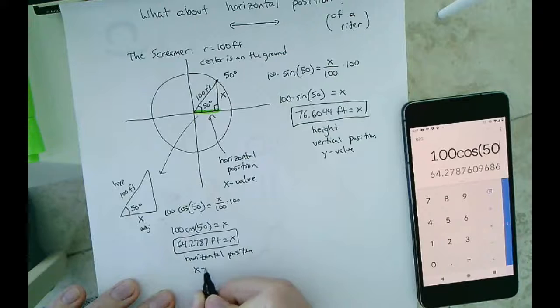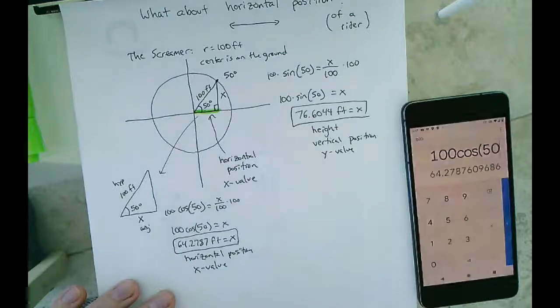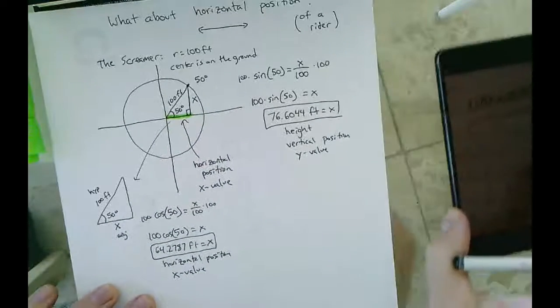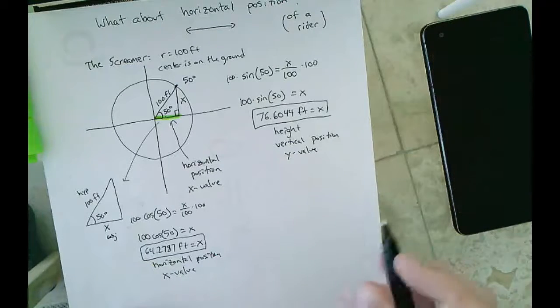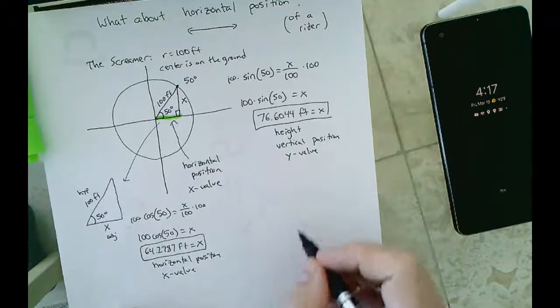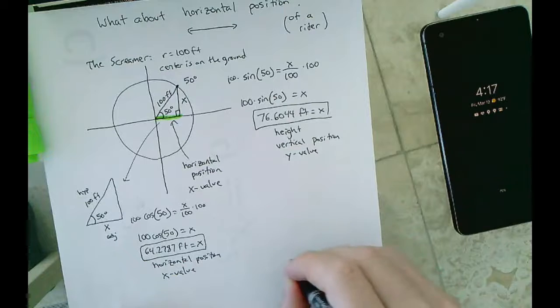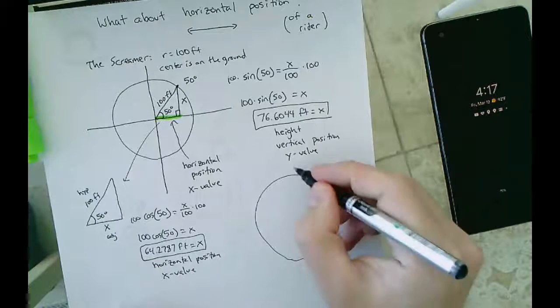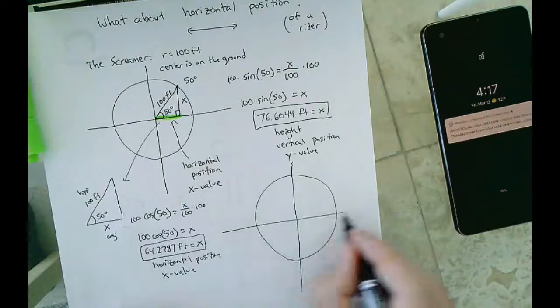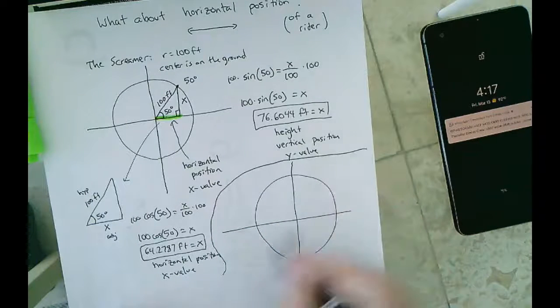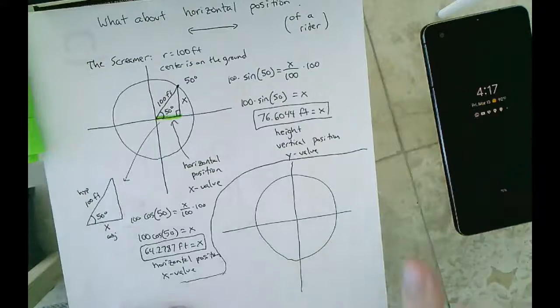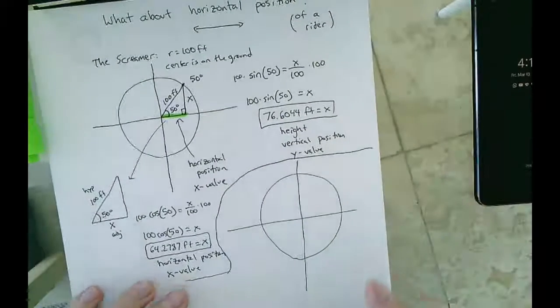Same idea right here. So let's think about this. If I just draw a generic Ferris wheel like the screamer, I'm going to draw it right over here. And I'm going to draw my y-axis and my x-axis. Now, we have a horizontal position on our mind.